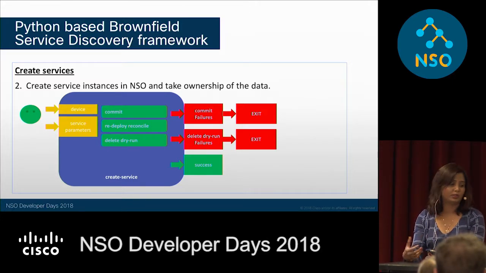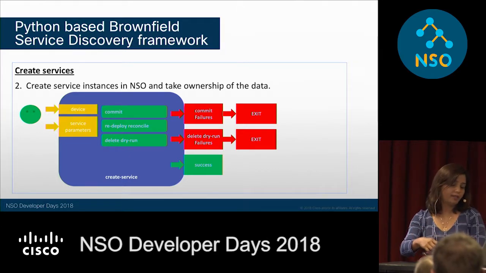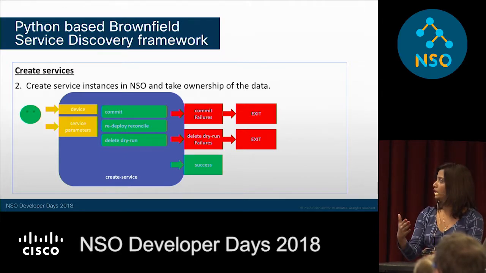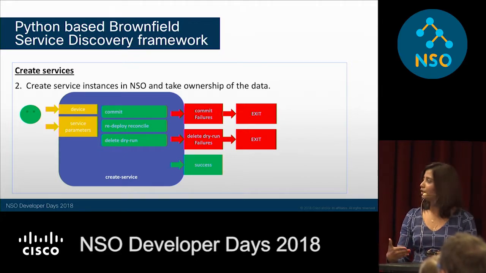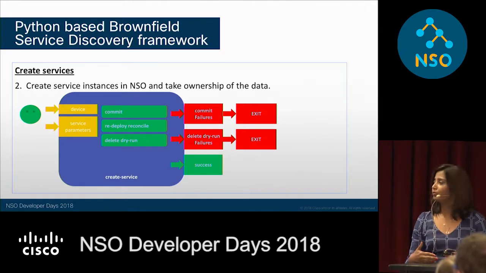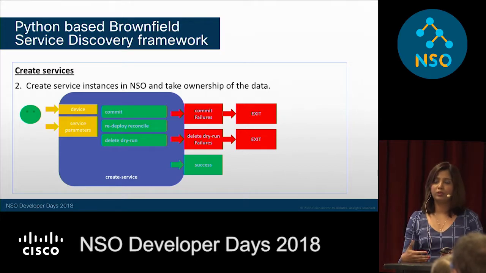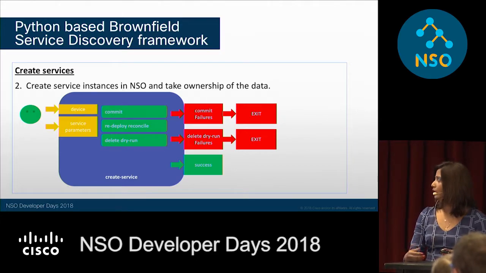So NSO manages that service instance. And then as a final verification step, we do a delete dry run. This is just an additional step to validate that we have indeed taken over data ownership correctly.